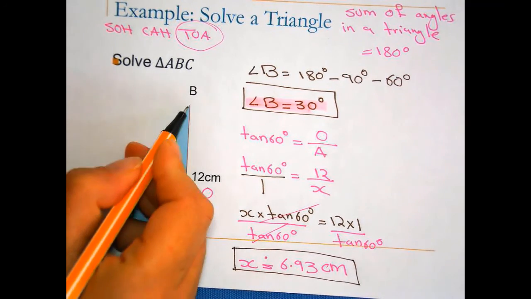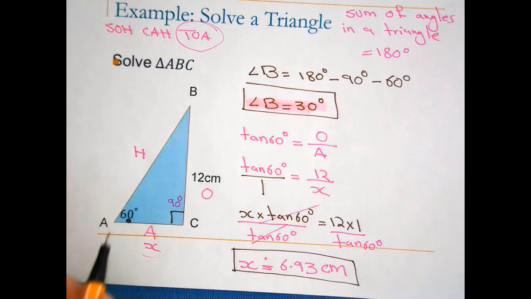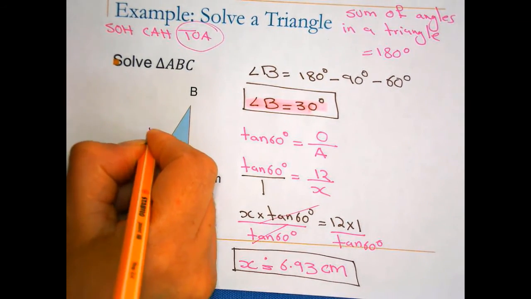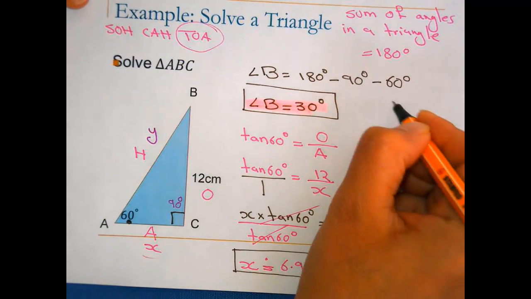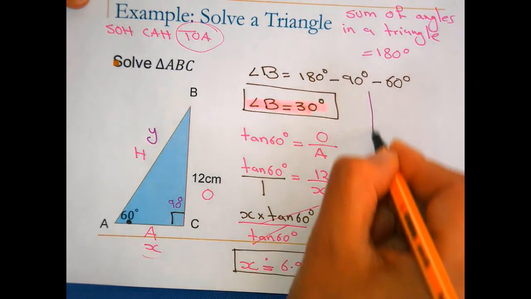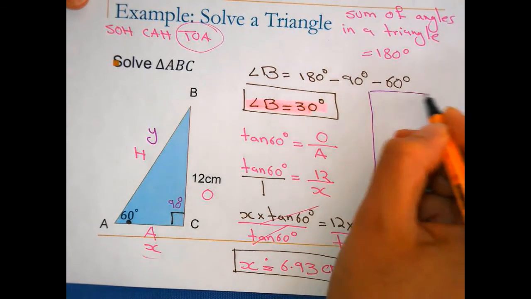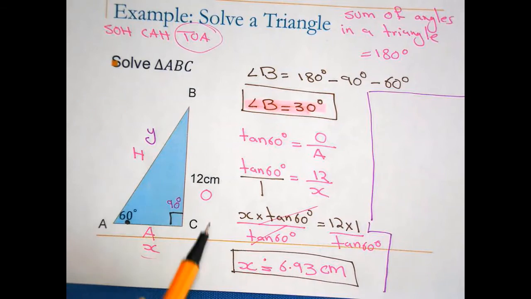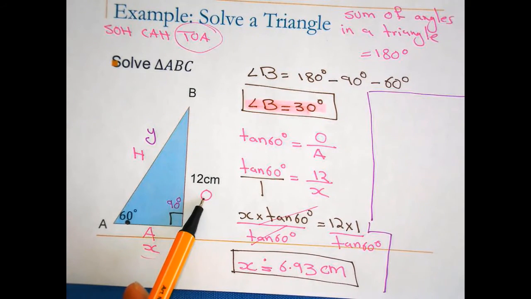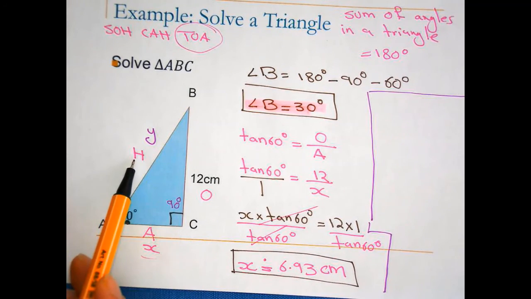We still have another unknown side to find. Let's say I call this unknown side y. Please don't use the same letter for the unknown. So I'm going to do the work here. We have opposite and we are trying to find the hypotenuse.